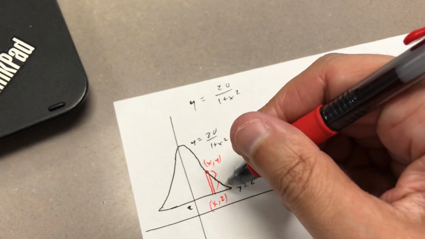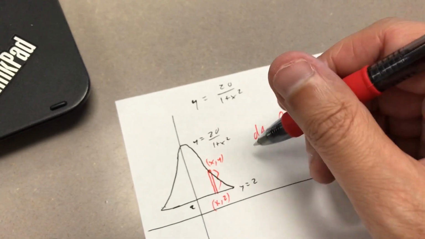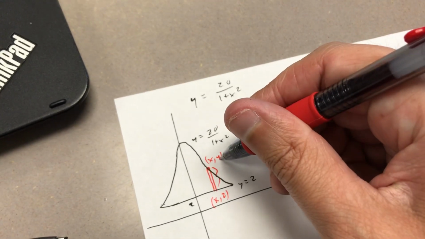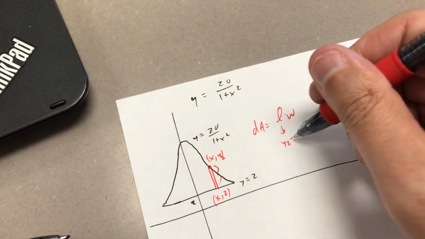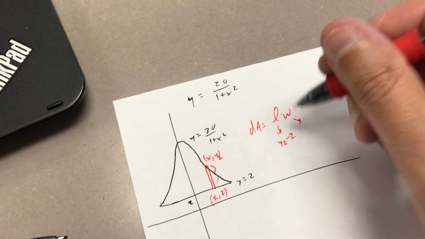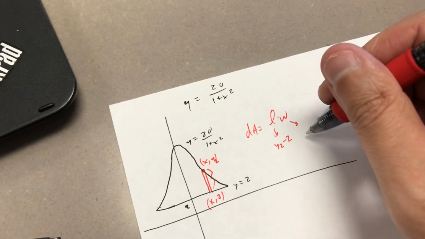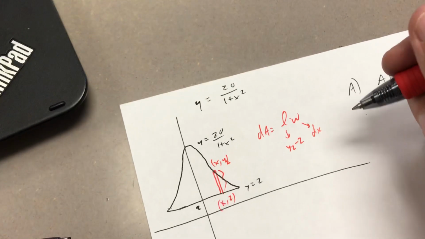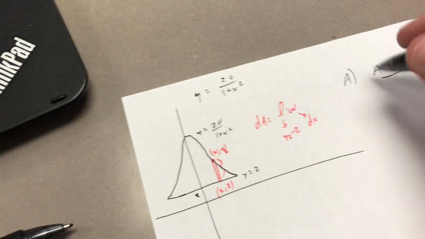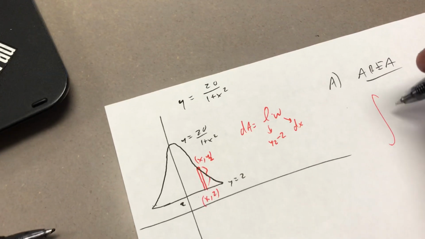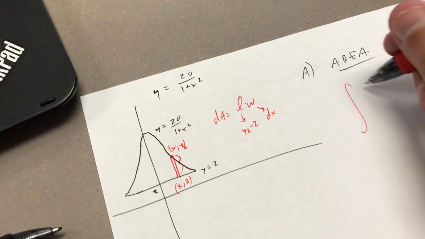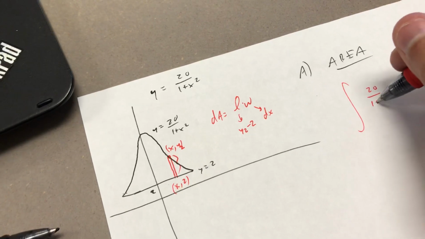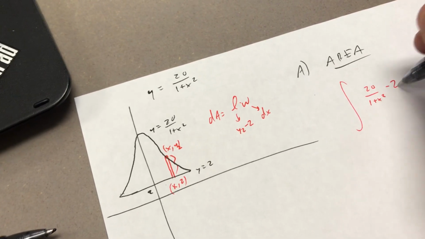you're taking the y value, upper value minus the lower value to find the height. So maybe we want to call that like a y2, something like that. So the length is going to be y2 minus 2. The width there, you can see, is a little horizontal change. That's going to be a dx. Okay, so we need to write this all in terms of x. That's going to end up being the integral. The y2 function, or the y function, is just the 20 over 1 plus x squared minus 2.